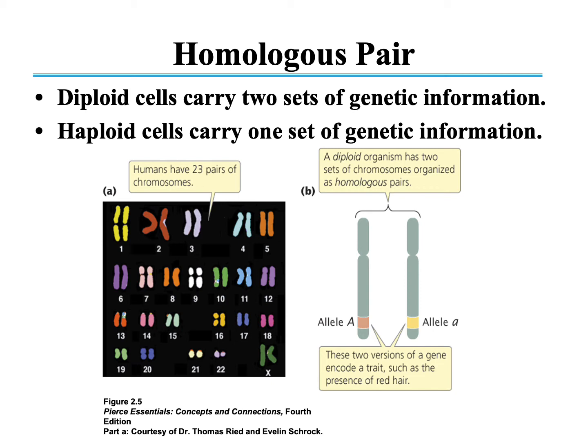In humans, for example, there are 23 pairs of chromosomes in a diploid cell. 23 chromosomes came from the individual's mother, and 23 chromosomes came from the individual's father, for a total of 46 chromosomes in a typical human diploid cell. The homologous pair, again, is going to be where one copy came from the mother and one copy came from the father.